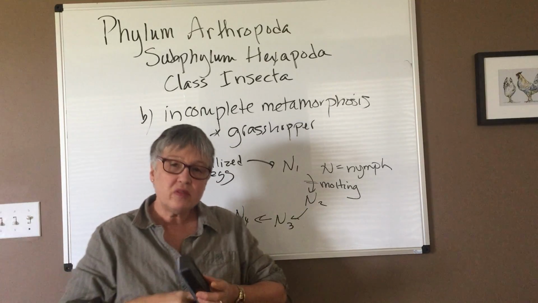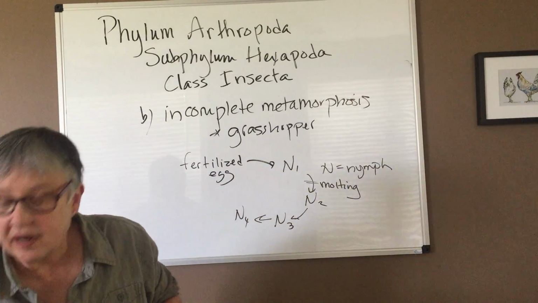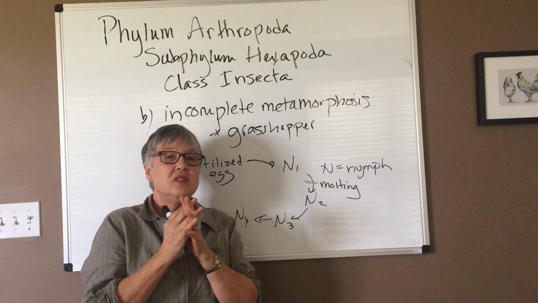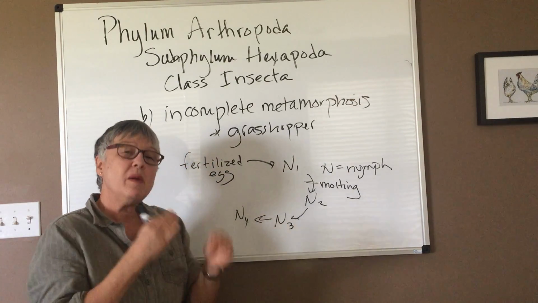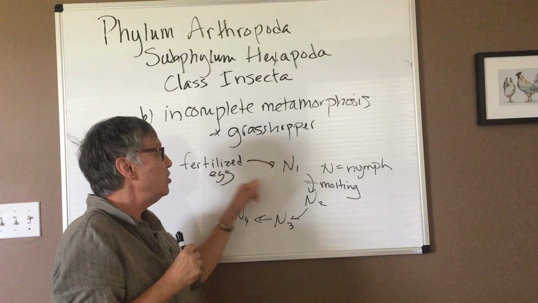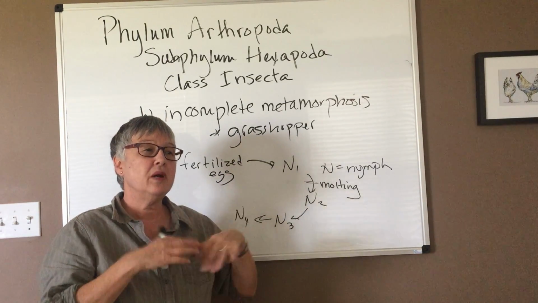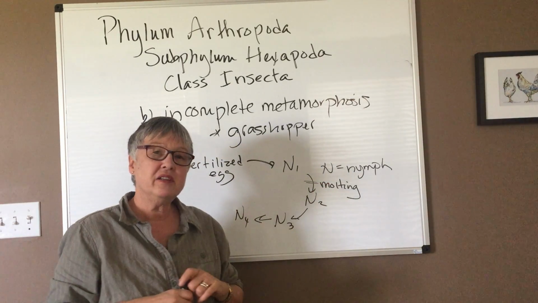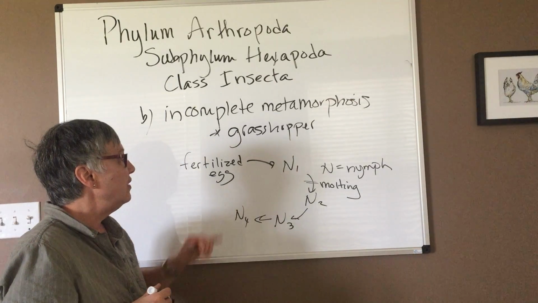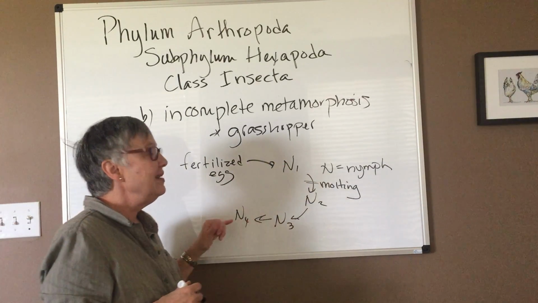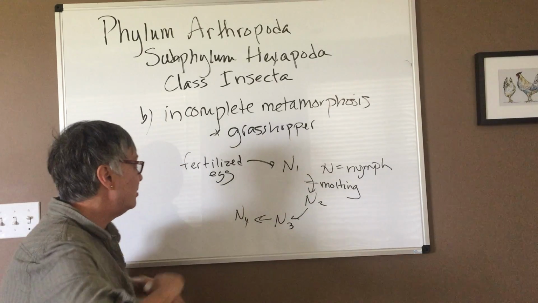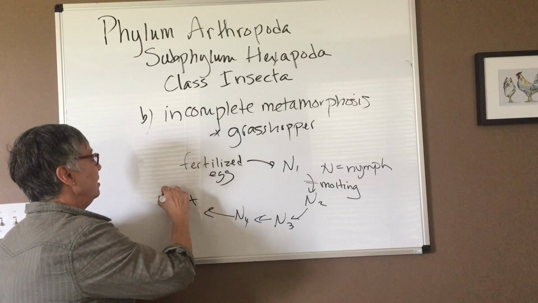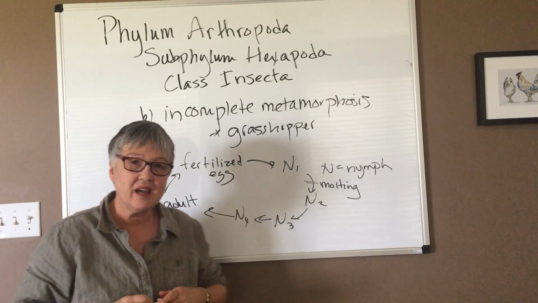Remember that the arthropods have an outer exoskeleton that does not grow. And so in order for the organism to become larger, it has to shed or molt the exoskeleton. And so we actually will see several nymph stages until we finally reach the adult. And of course, that completes the cycle.